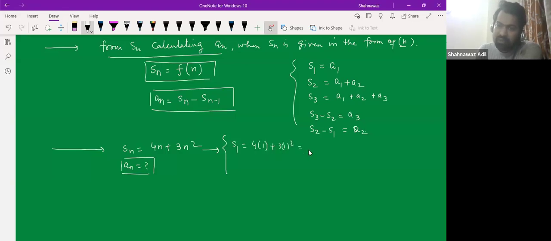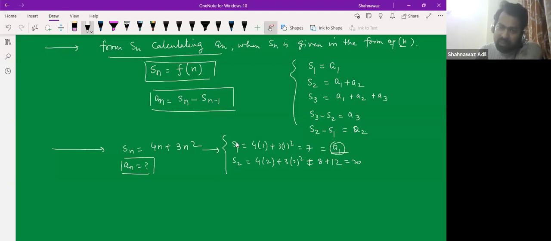So this is 7. And then you also calculate S2, which would be 4 into 2 plus 3 into 2 square. This is 8 plus 12, so this is 20. From S1 we can write A1, so A1 you have got.